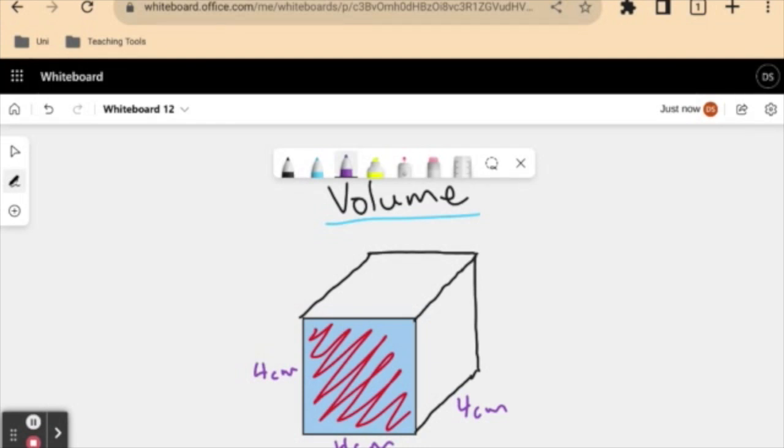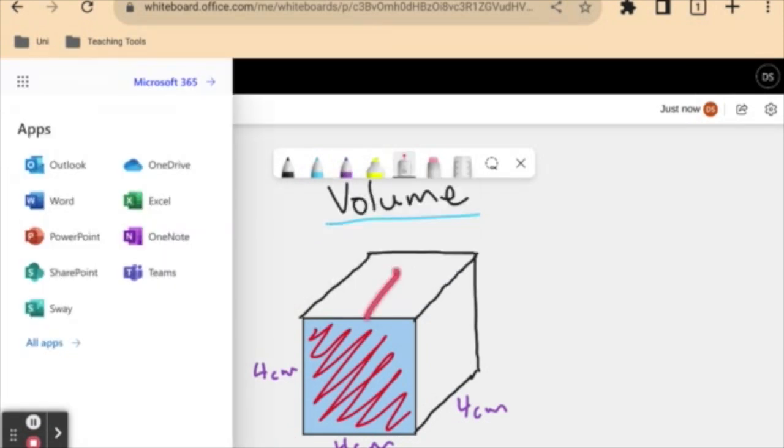So this one here, just as a little thought experiment, have a look at our first square. Could we say that this square essentially goes all the way through our shape?